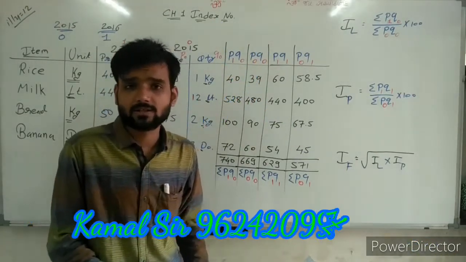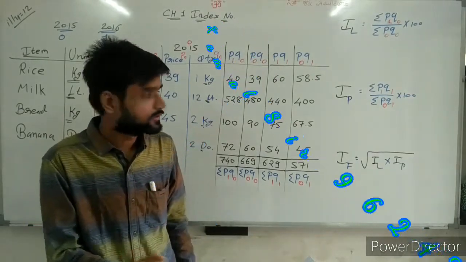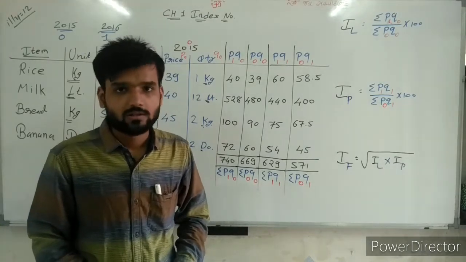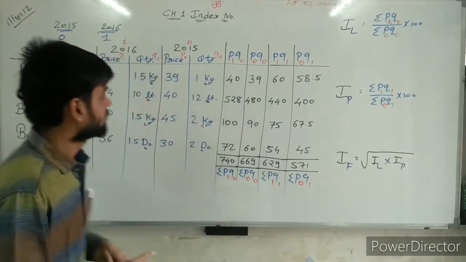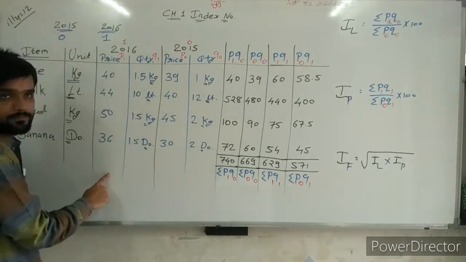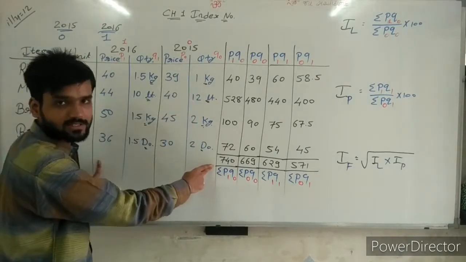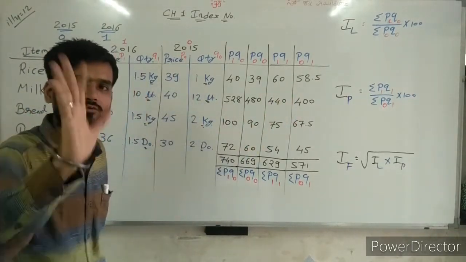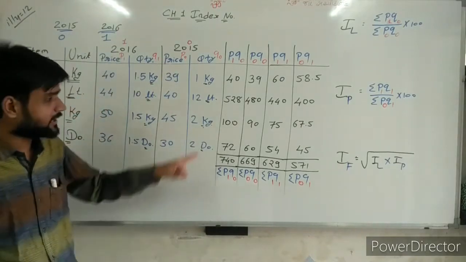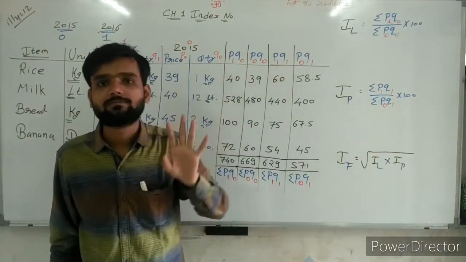This is the first lecture in which I am showing you this full calculation. Otherwise, from the next lecture, I am explaining only these things: P1, Q1, P0, Q0. If you can find these, then this becomes easy for all of you. And that's why from the next lecture, I am not explaining this calculation and the last pair, Paasche Fisher index number.